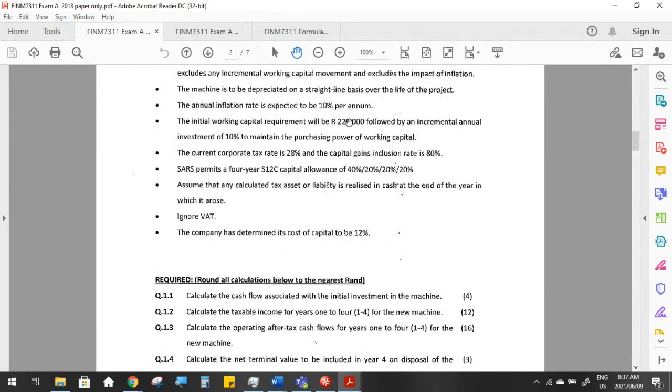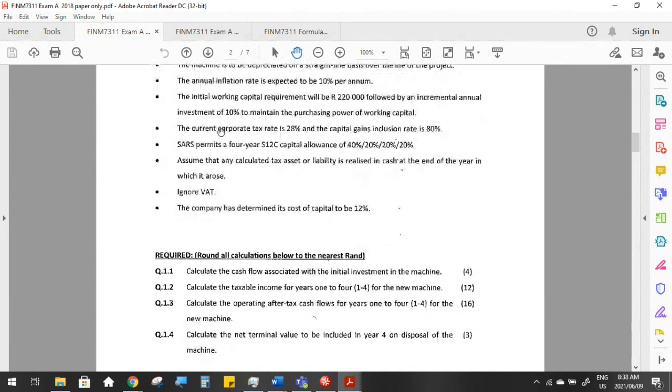Initial working capital 220, followed by incremental annual investment of 10%, which means each year you then have to increase your working capital by another 10%. I remember marking this, and a lot of the students made a mistake where they did the 220, they increased it by 10%, and then they only increased it by 10% once. If it says annual, then that means every year.